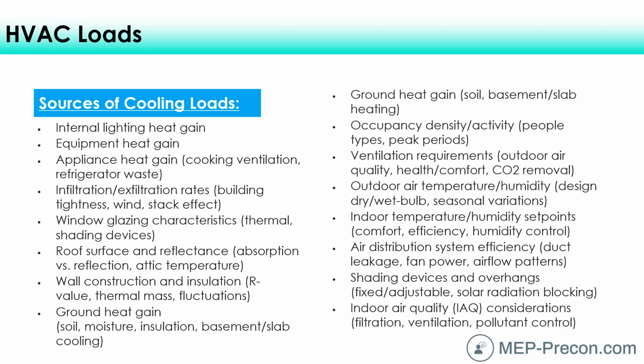Then we would calculate the amount of heat that all of these contribute to that zone, and we would come up with a peak amount of load that we need to overcome. That would be our design case or design load. That's what we would design our equipment for.